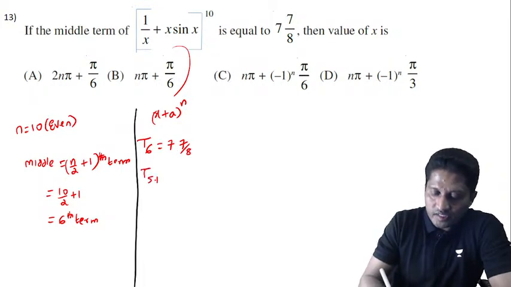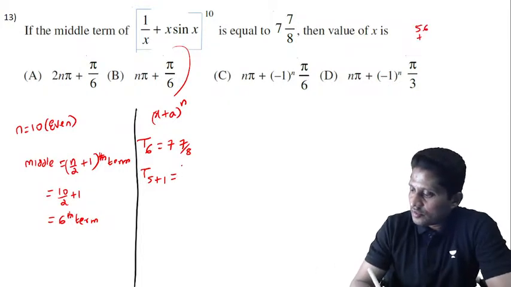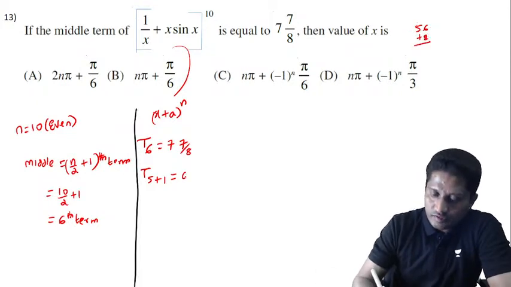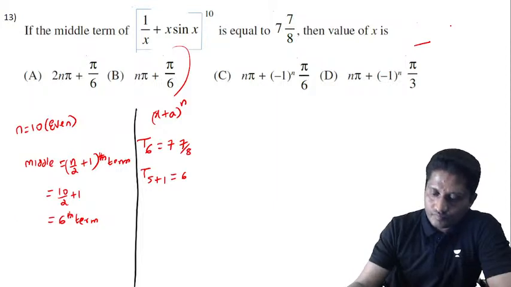Sixth term can be written as T5 plus 1. 7 8 56, 56 plus 7, 63 by 8. So this is 63 by 8.